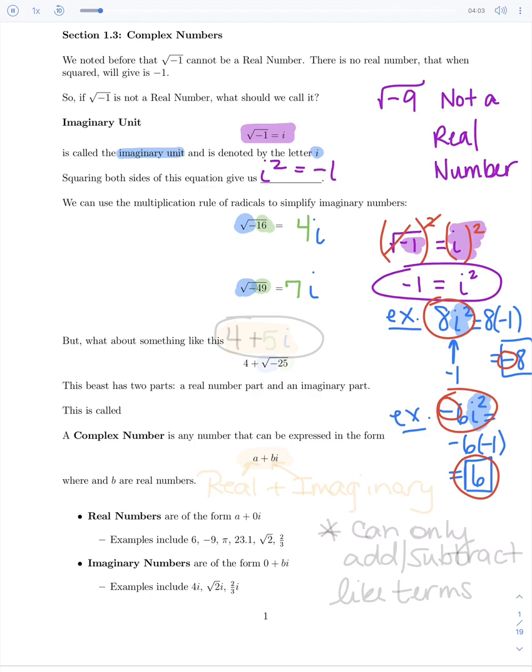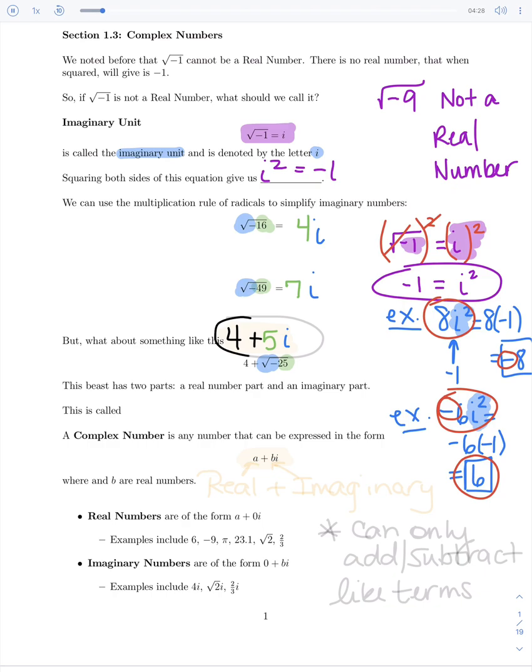Here's another one. We've got another example to take a look at here: the square root of -25. Well, we know that the square root of 25 is 5. And we just talked about this. The square root of a negative can come out as an i. And then this piece also had a 4 in front of it that was added to this piece.